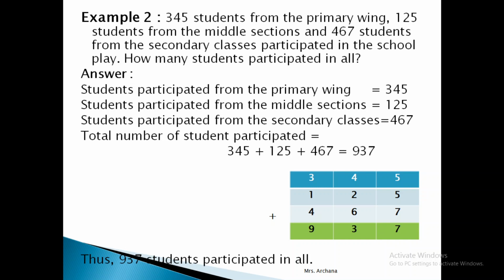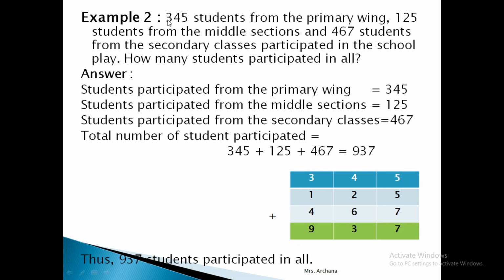So first what we have to write, that means there was some play, and in that play from which section how many students participated, that is given, and all total we have to calculate. So how we will write? We will write, see here, students participated in the primary wing is equal to 345.